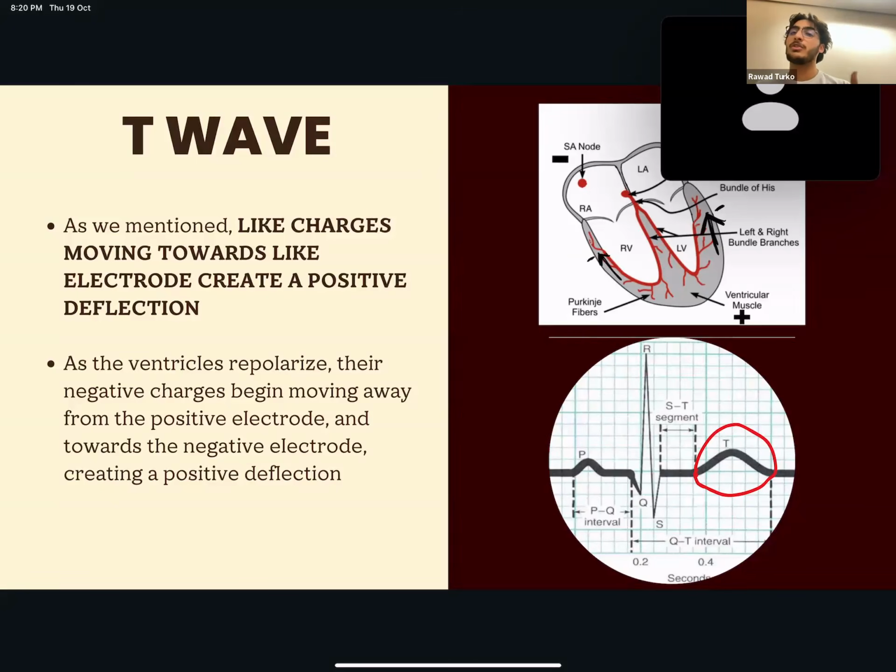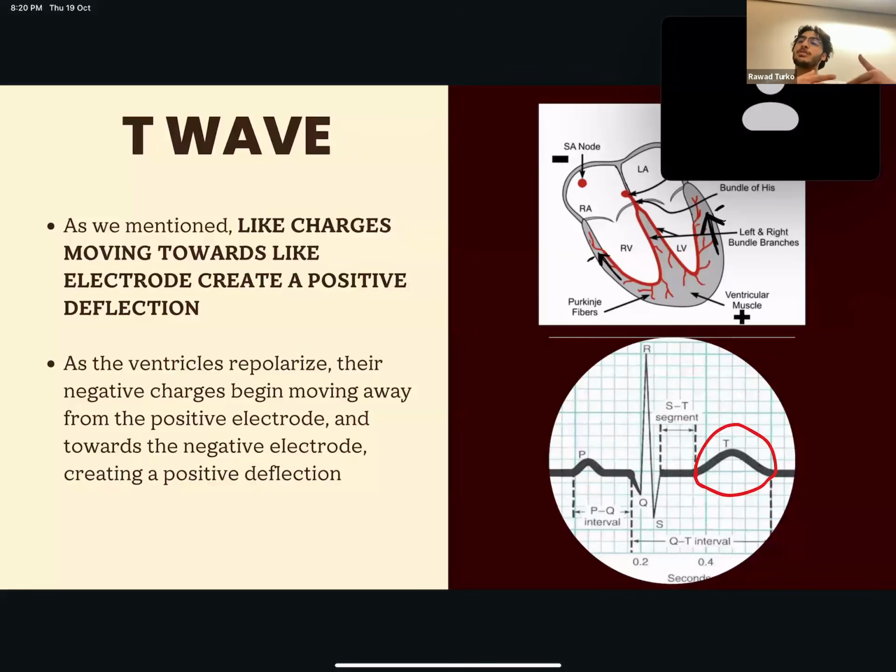Technically, when you look at your slides, correct me if I'm wrong, they mention that repolarization is going from epicardium to endocardium, right? Yes, that's the direction in which it's going, cross-sectionally through the heart. But just remember that it's moving away from the positive electrode, which is why it's going to give you a positive deflection.